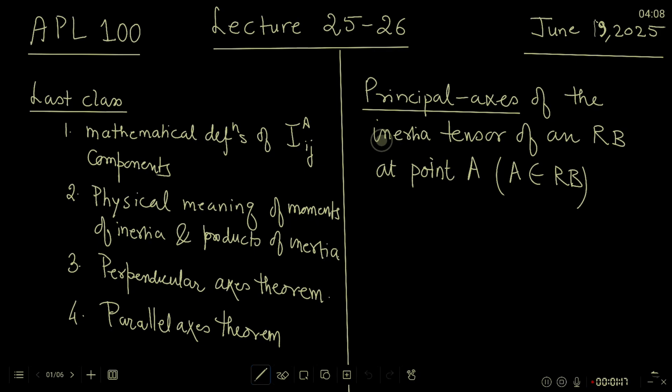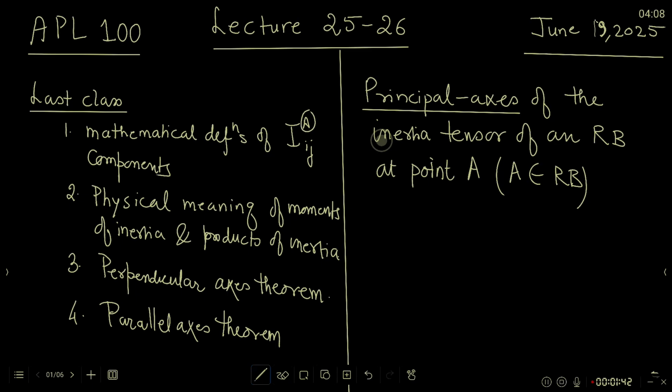I showed you the mathematical definitions of the various components of the inertia tensor at point A relative to a given Cartesian coordinate system. That Cartesian coordinate system had its origin at that point A, which is appearing here.